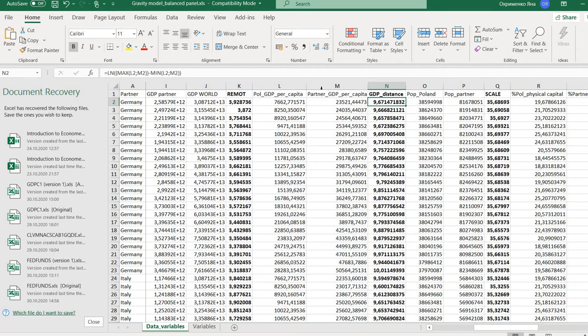But when it comes to the income, definitely higher level of income implies higher volume of international trade. This is obvious because it affects the volume of imports. Also, GDP per capita distance captures the difference in the level of development between two countries. So according to new trade theory, it should have a negative effect on international trade.